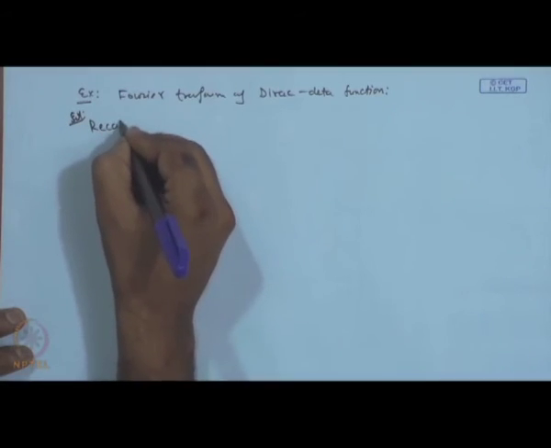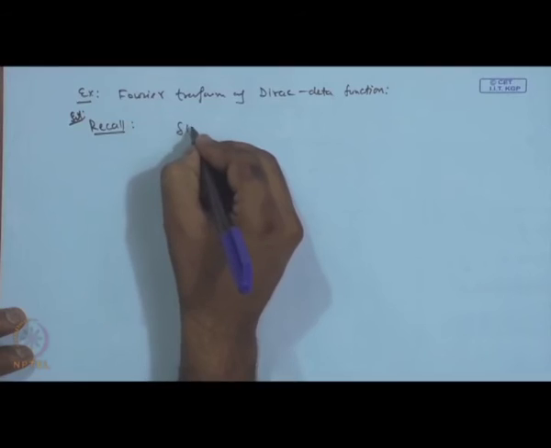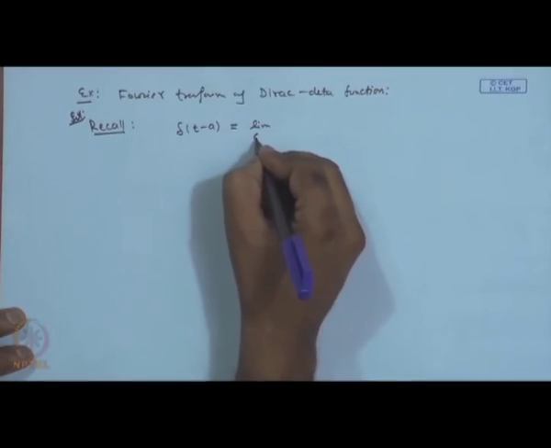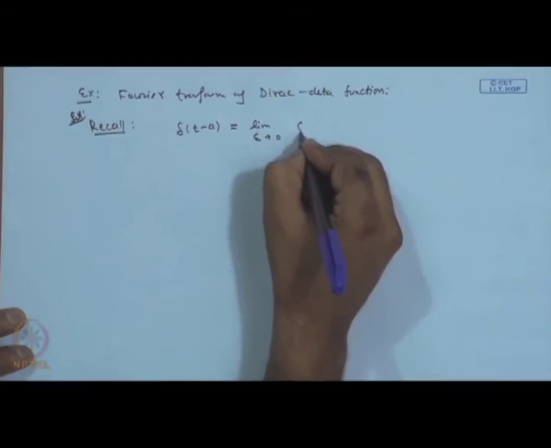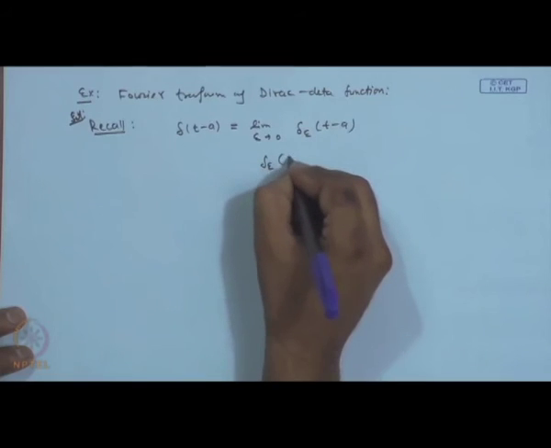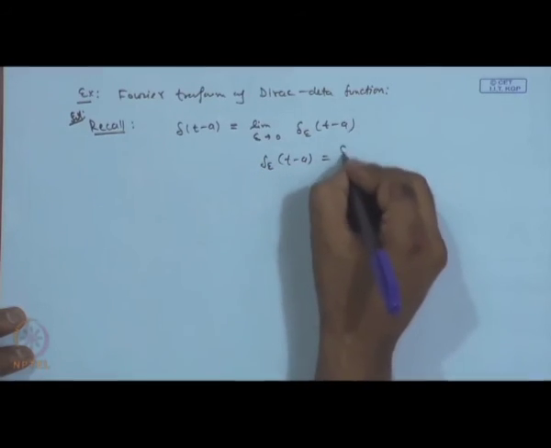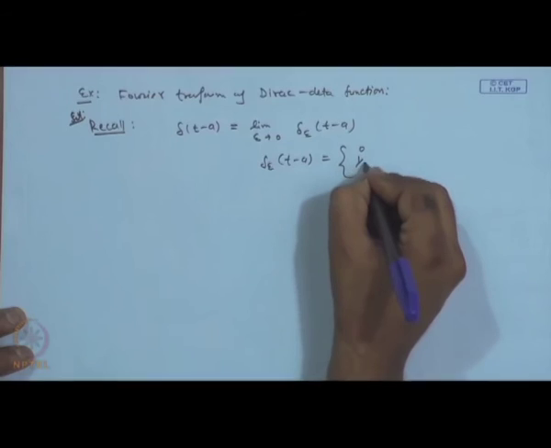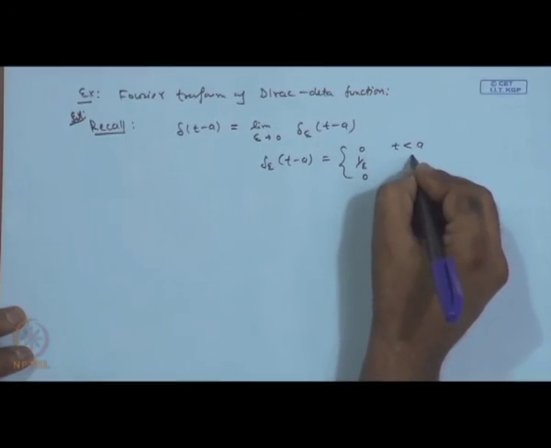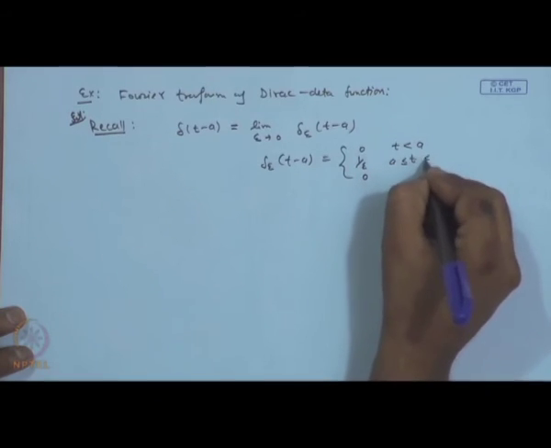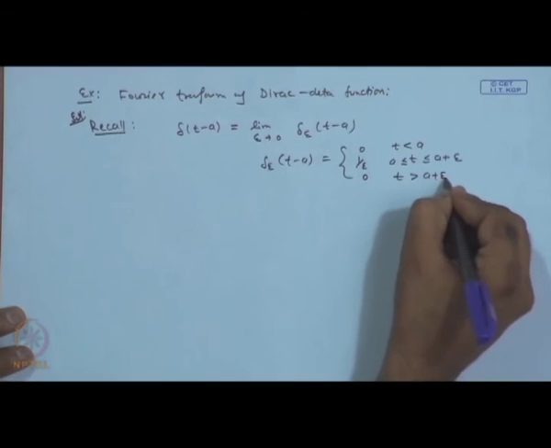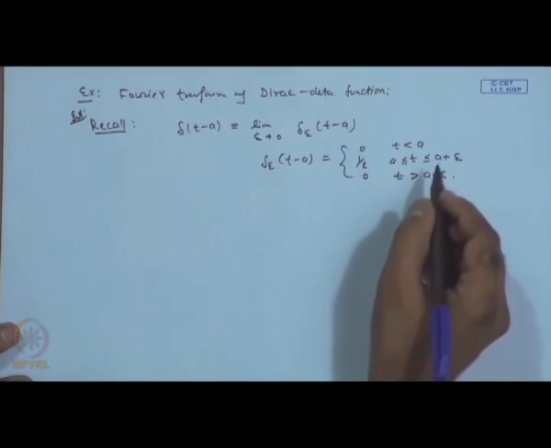Just to recall, it was delta t minus a, and we considered this as a limit of the delta epsilon function. This delta epsilon t minus a was 0 when t is less than a, 1 over epsilon when t is between a and a plus epsilon, and again 0 when t is greater than a plus epsilon.